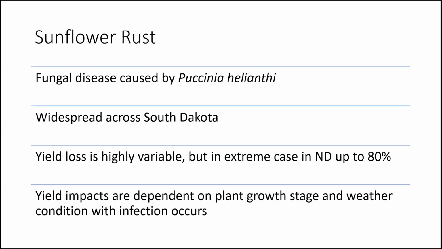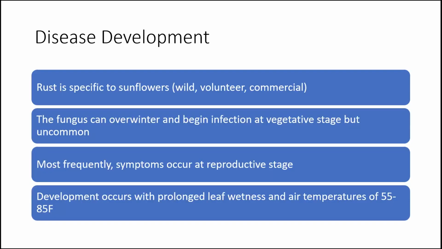The yield impacts are dependent on the plant growth stage that the fungus begins infection, as well as the weather conditions. For rust to develop, it's important to keep in mind that this rust is specific to sunflowers. It does grow on all types of sunflowers. The fungus can overwinter here.